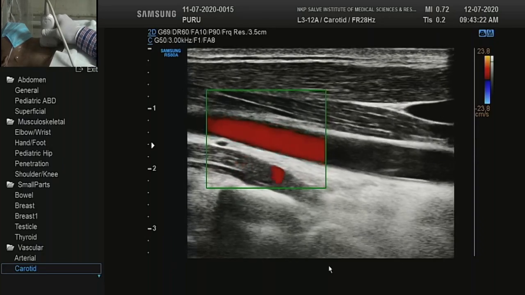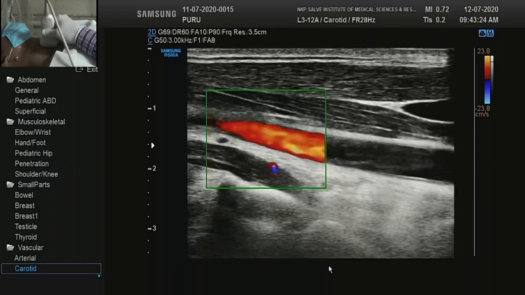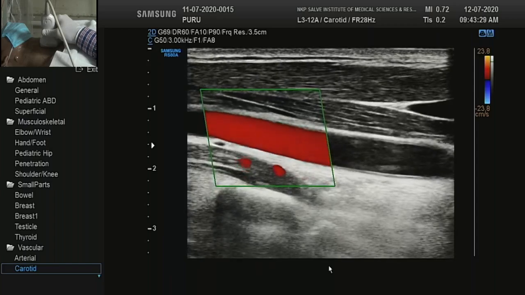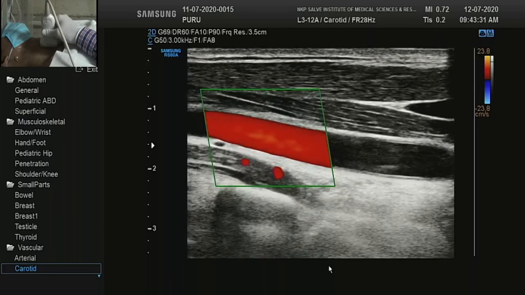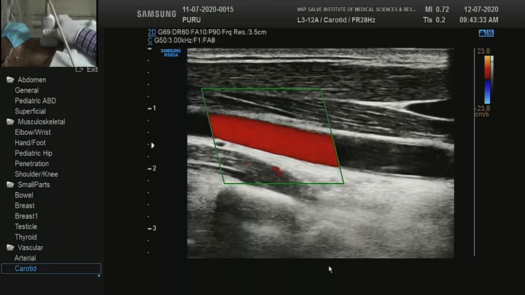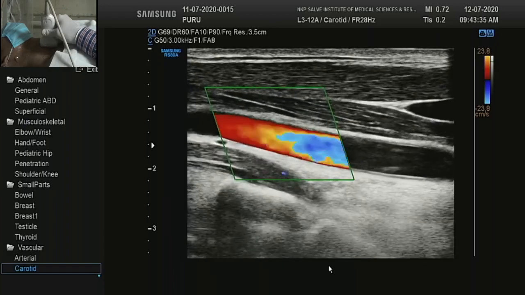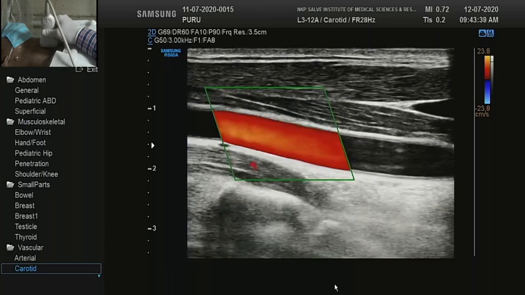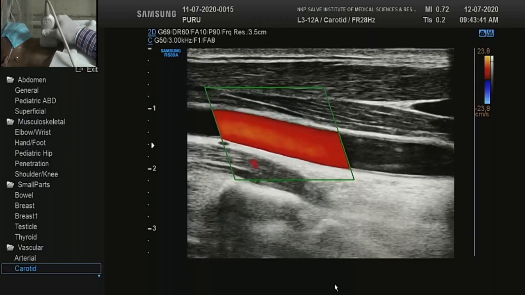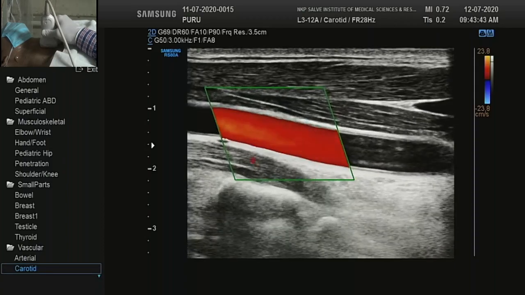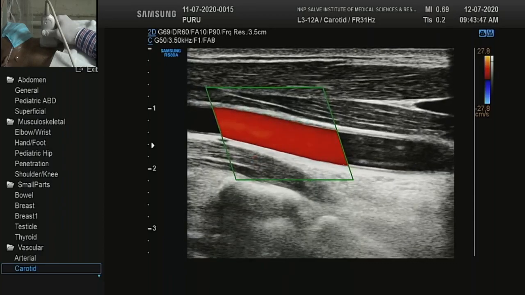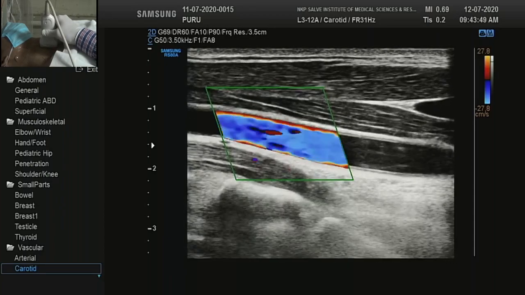So if you steer this, you will reduce the angle further. This is steer 1, this is steer 2, and this is steer 3. Now what are you seeing? You see again a laminar flow, and you see a very good filling, wall to wall filling.